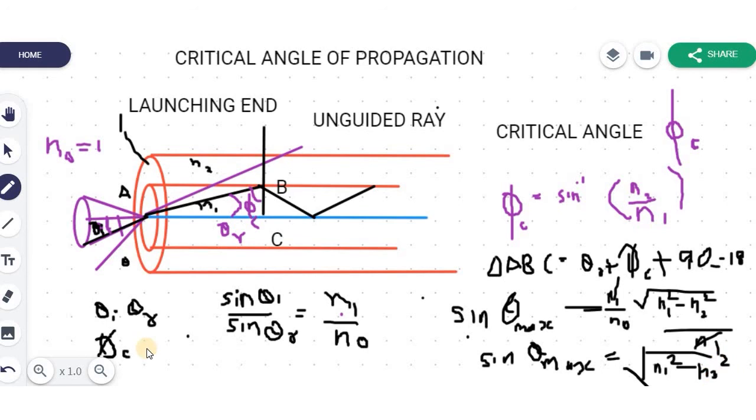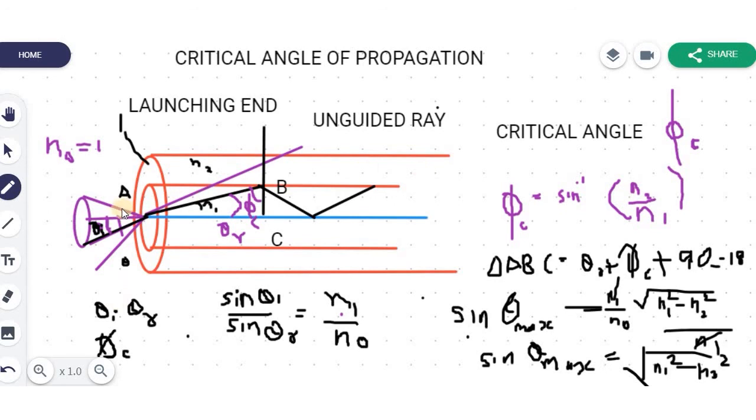From this I can find out theta max. Theta max is sin inverse root of n1 square minus n2 square. So this angle is called the acceptance angle. Just put it in a box: sin theta max is equal to root of n1 square minus n2 square, or theta max is sin inverse root of n1 square minus n2 square.